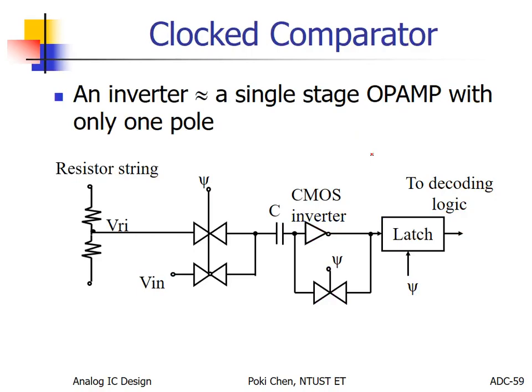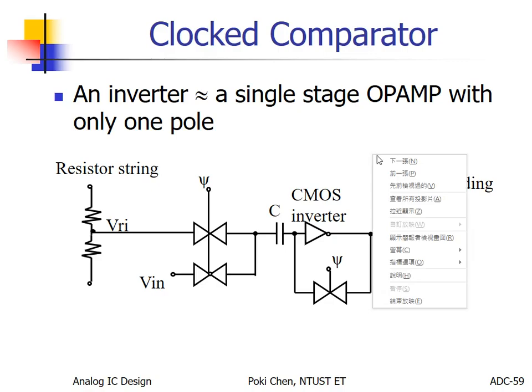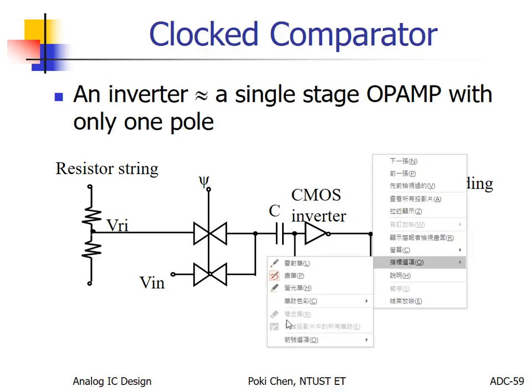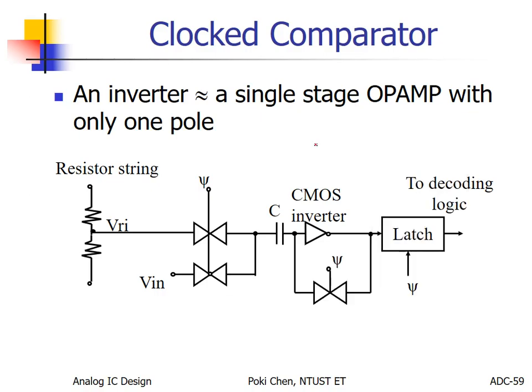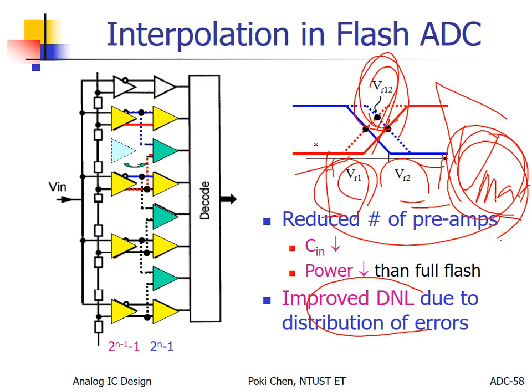And then to reduce the power and also the chip area, actually you don't need to apply a very typical structure for such kind of comparator, because it is power and area consuming. So allow me to show.